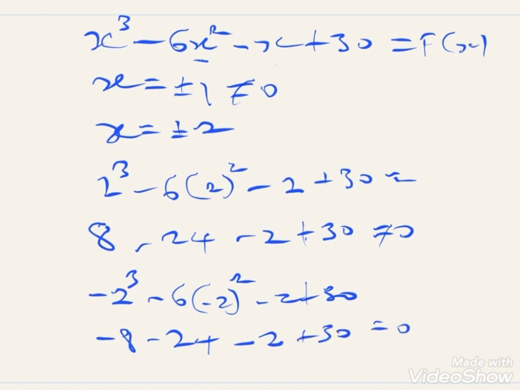I think this will give me 0. How? Because minus 24 minus 2 will give me minus 22. That minus 22 minus 8 here will give me minus 30, and minus 30 plus 30 is now 0.